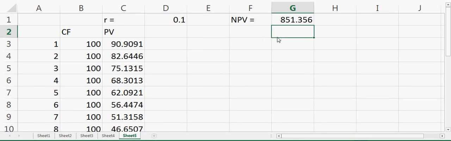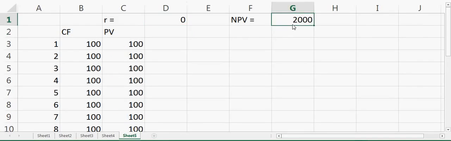When we change the interest rate, suppose from 0.1 to 0, you can see that the net present value is equal to 2000, because the value of $100 even after 20 years is equal to $100. So that's why the total sum is equal to 20 hundreds. But when we have an interest rate, then it goes down, right?